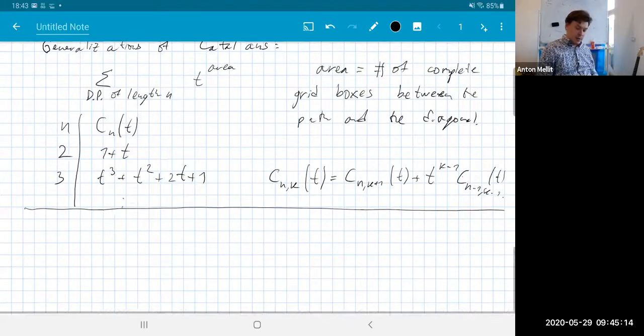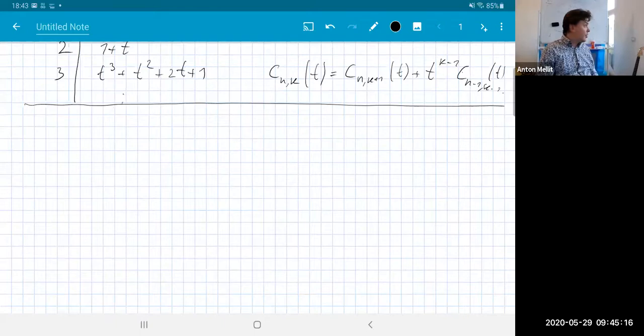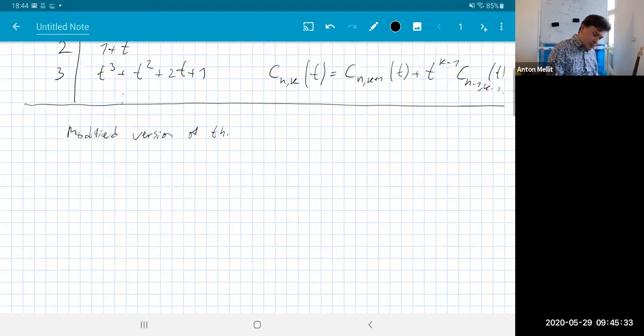Let me write one particular recursion that may be interesting: a modified version of this, where we go from (n,n) to (0,k), but the last step must be horizontal.